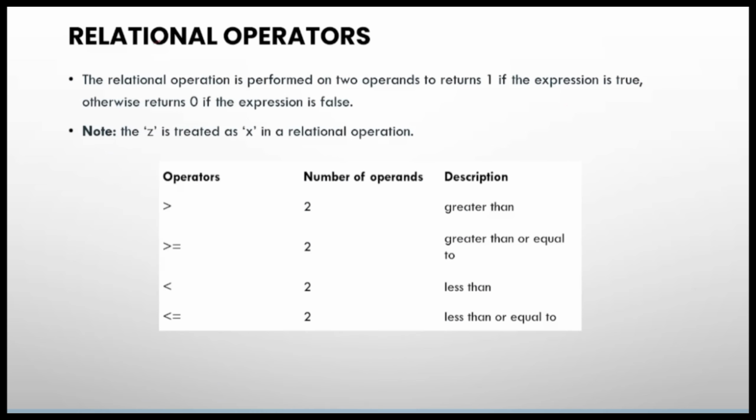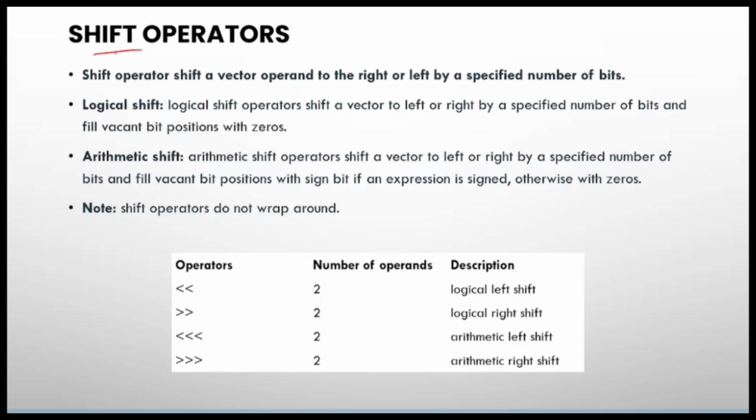Next is relational. In order to know whether two inputs are greater or less, to perform relational operations you will be using the relational operators. And for left shift and right shift you will be using these operators. Here this is logical left shift, logical right shift, and this is arithmetic left shift and arithmetic right shift.